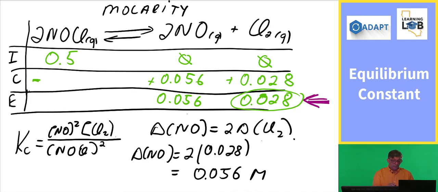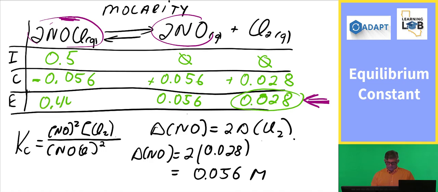Well, if we look at the stoichiometric ratio between nitrosyl chloride and NO, it's a 2:2 or 1:1 ratio, so it will decrease by 0.056. And then at chemical equilibrium, how much of the nitrosyl chloride will we have? We will have 0.444.